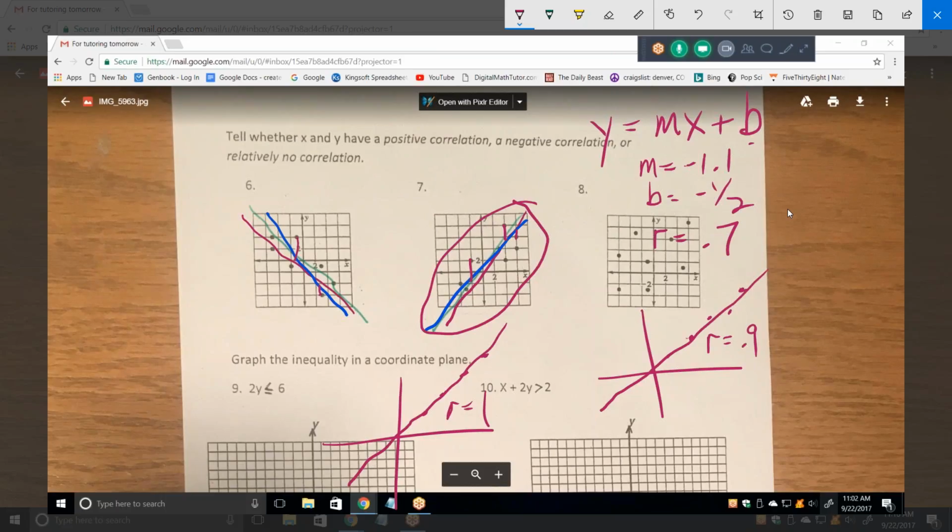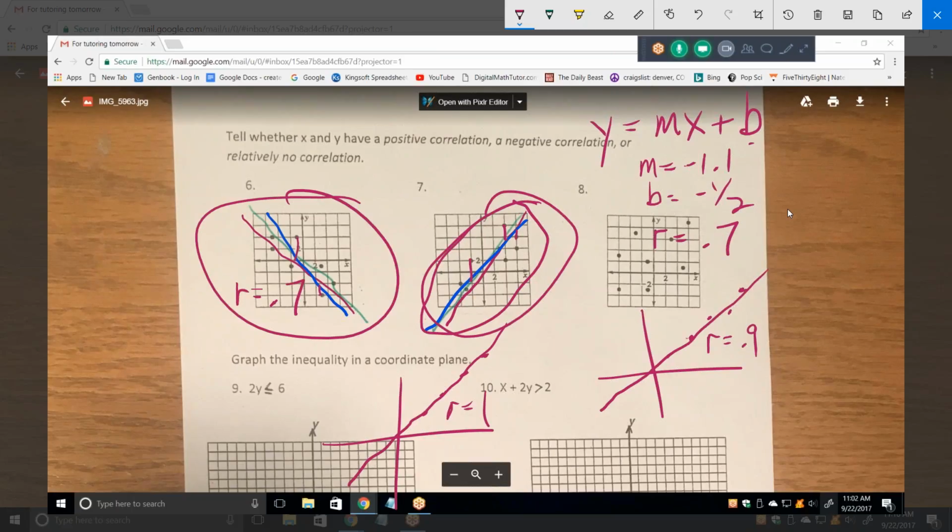And the scatter on this one is about the same as the scatter on that one. So I would guess the R's would be pretty equivalent. If I had to estimate R, I would say R there is also about 0.7. It's not negative 0.7. R is strictly a measure of how well the data points fit the line that you end up putting through there.